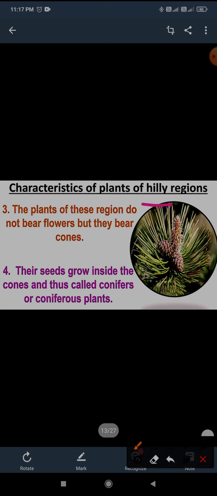The next characteristic of hilly regions is that the plants of these regions do not bear flowers, but they bear cones. Their seeds grow inside the cones, and these are called conifers or coniferous plants due to this conical shape.